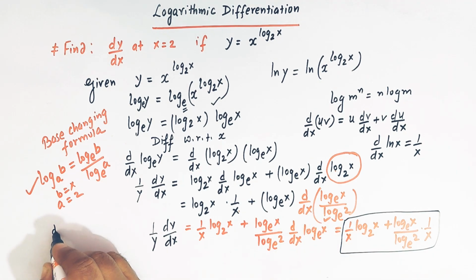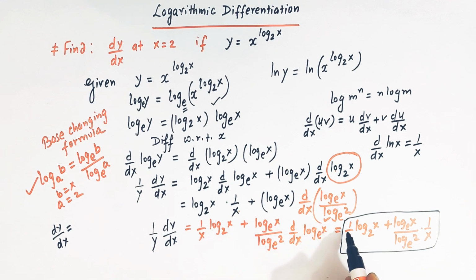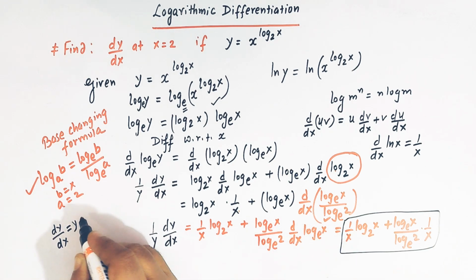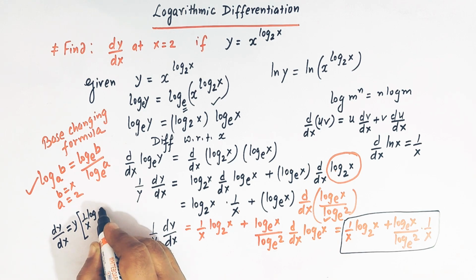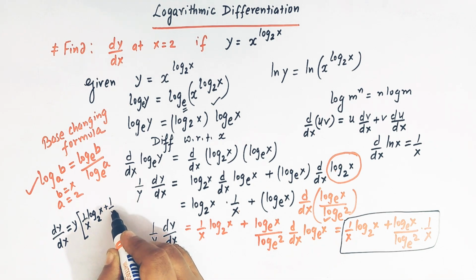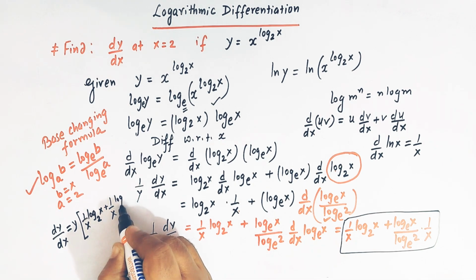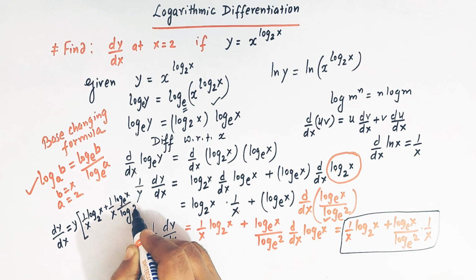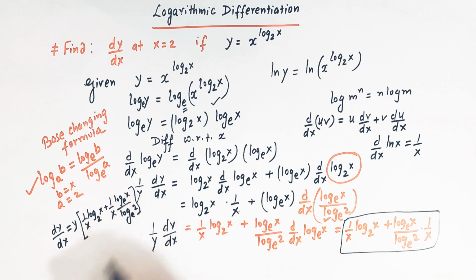So now dy over dx can be written as, taking this y to this side, y times 1 over x log of x to the base 2, and then we have 1 over x log of x to the base e divided by log of 2 to the base e, right?